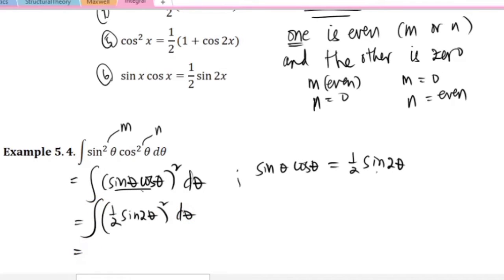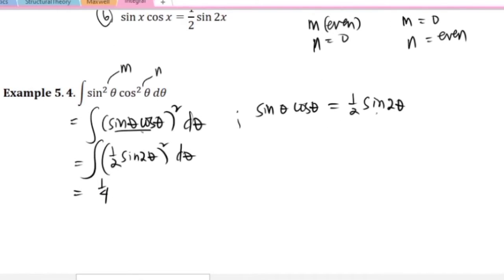So yung 1/2 square is 1/4, pwede na nating i-factor out. So ilabas natin siya. That is 1/4 multiplied by sine squared of 2 theta d theta, and the integral sign. Okay, so ito ngayon ay express natin using the reduction formula.